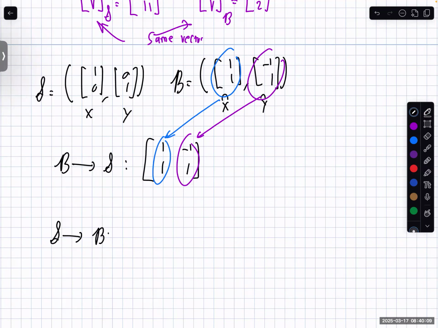And if I want to convert a vector from standard coordinates to B coordinates, that's just the inverse of this problem. Okay. All of this should be review.